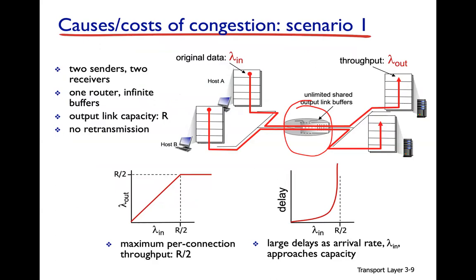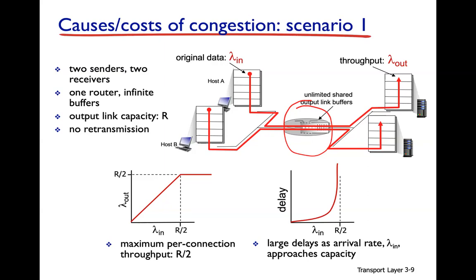In the first scenario, we consider the router has infinite capacity so that we can analyze it more easily. So we have an infinite amount of buffers at the router, and the output link has capacity R. So what is the congestion?